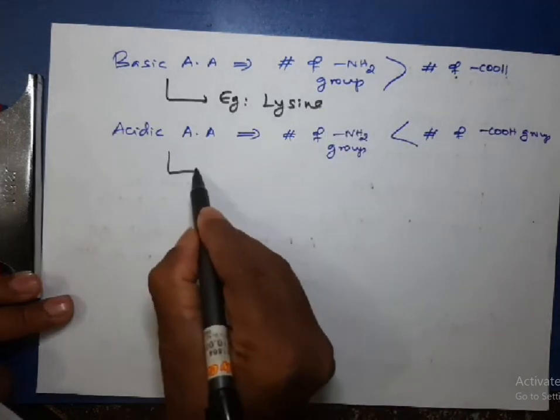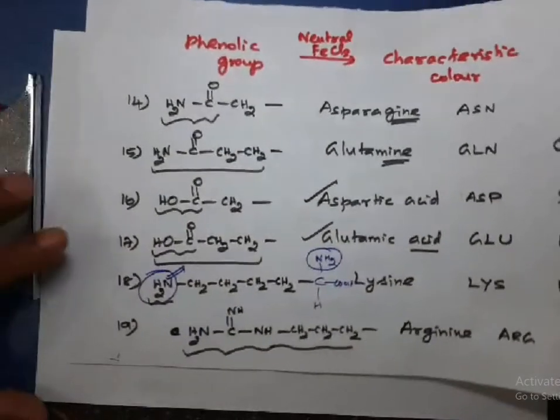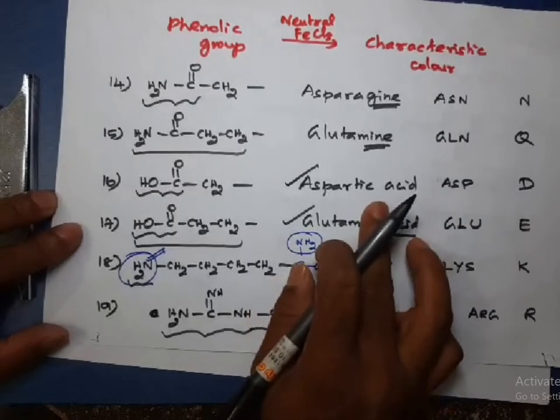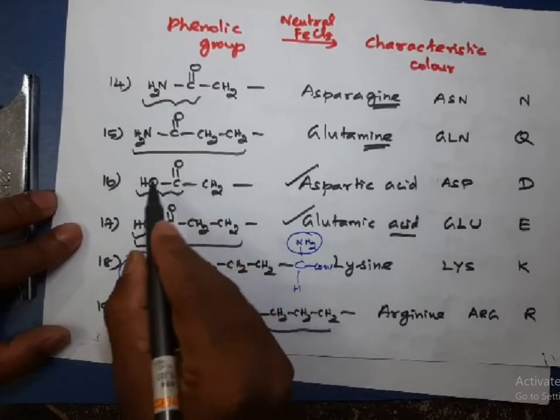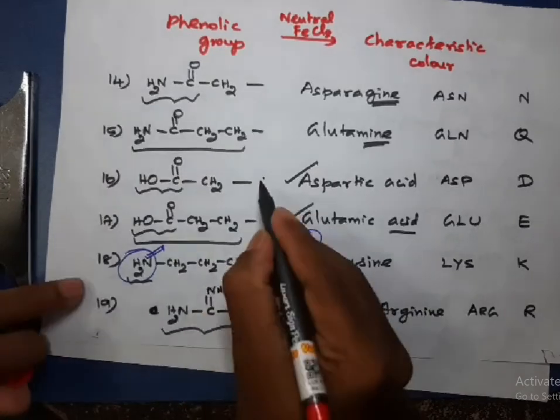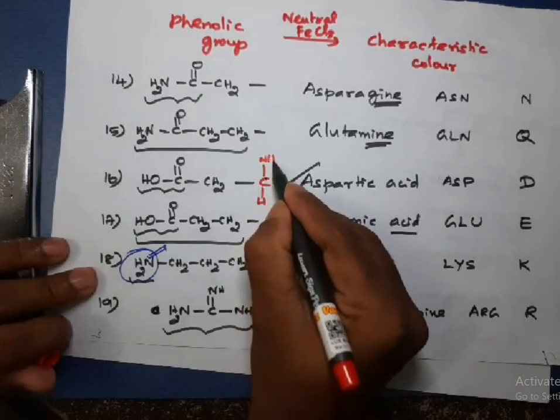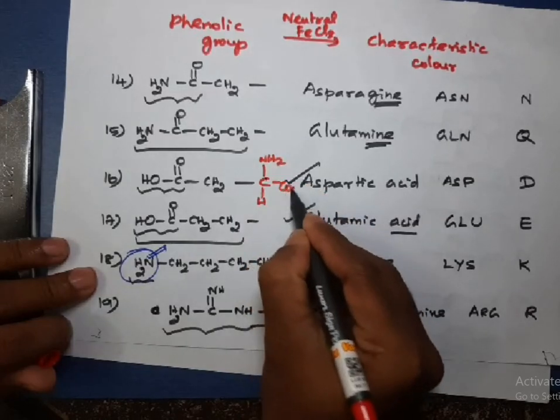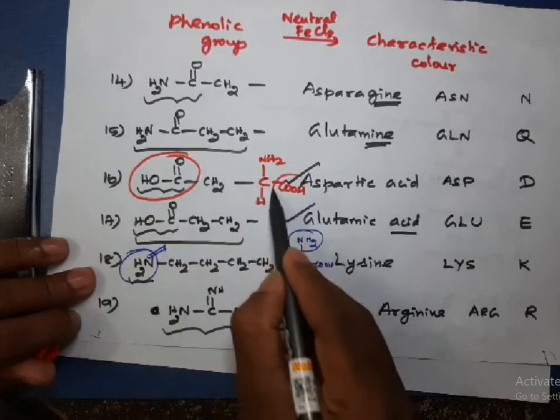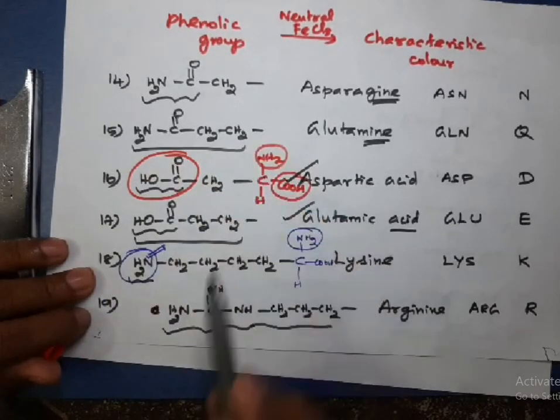Similarly, acidic amino acids. See the structure of aspartic acid and glutamic acid. In aspartic acid, this is the R group, connected to the alpha carbon, which already contains one H, one NH2 group and one acid group. Now here I have another acid group. We have two acid groups and one amino group.